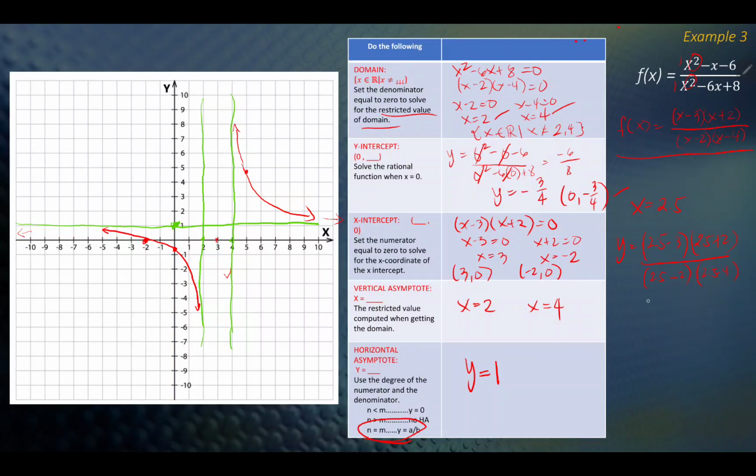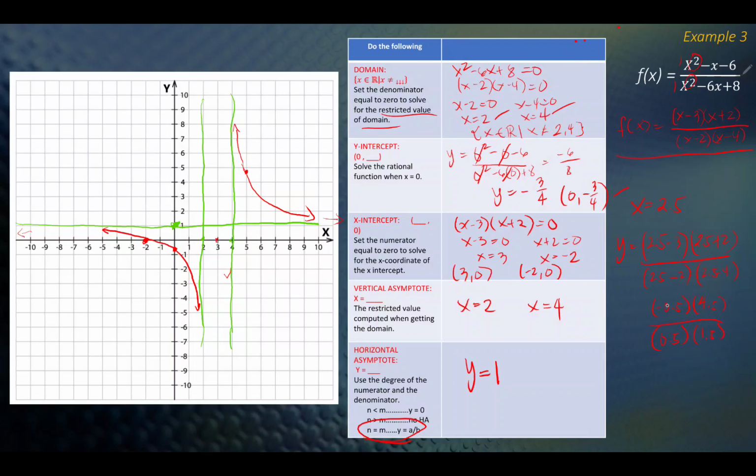Our x is 2.5, no? So, 2.5 minus 3 is negative 0.5. And then, 2.5 plus 2 is 4.5. So, we now have here 2.5 minus 2 is 0.5. And then, 2.5 minus 4 is negative 1.5.